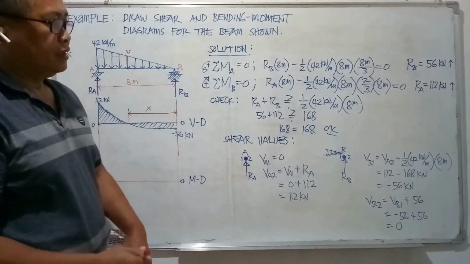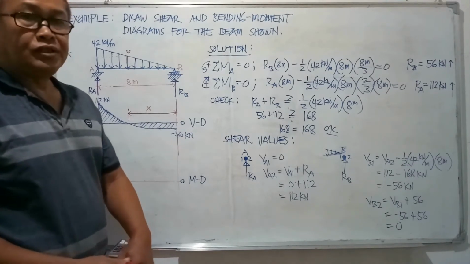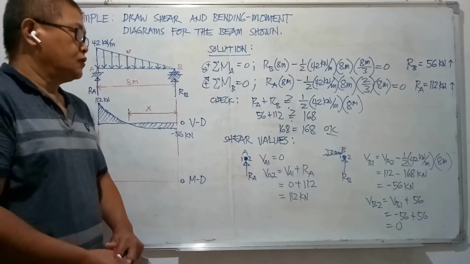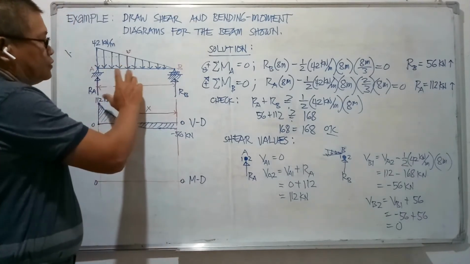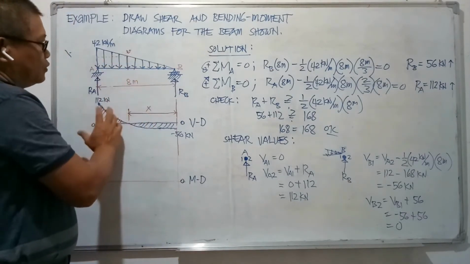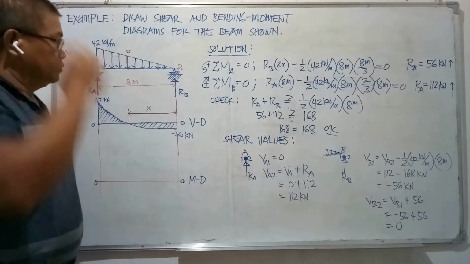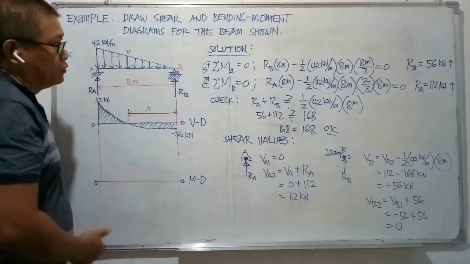Okay, so that it reduces the risk of committing errors from the number of forces involved in the determination of the unknown value.